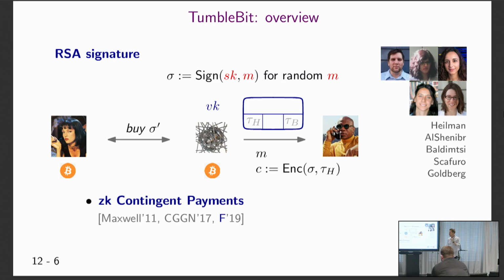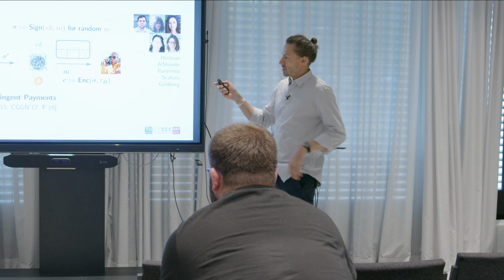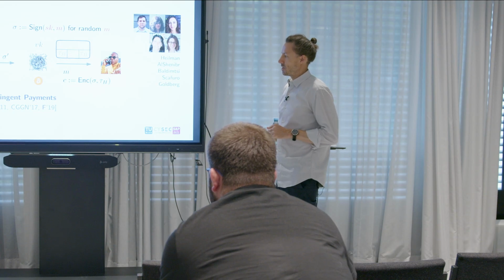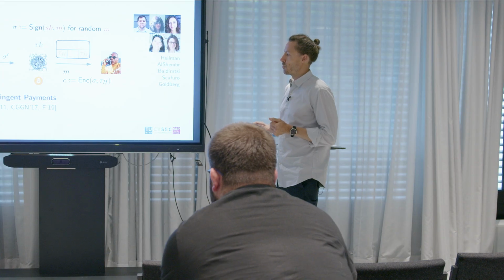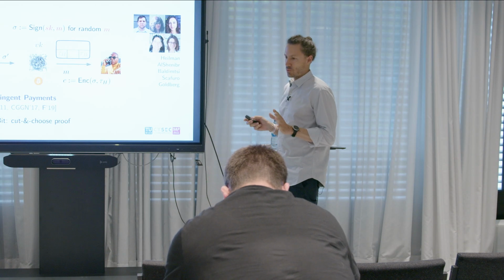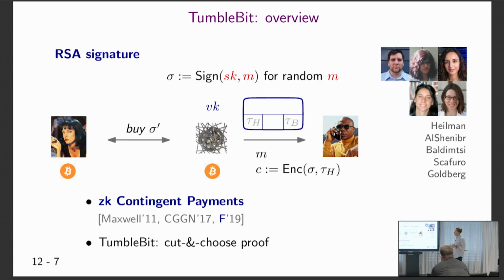So either you get the Bitcoin and the sender gets the information, or no one gets anything. That was first proposed by Maxwell, and then there were some problems, and then there were still some problems, and hopefully my version is the one that works. What Tumblebit does is avoid ZK SNARKs because it's a very specific statement that needs to be proved, and they use cut-and-choose proofs, which can be done a bit more efficiently.